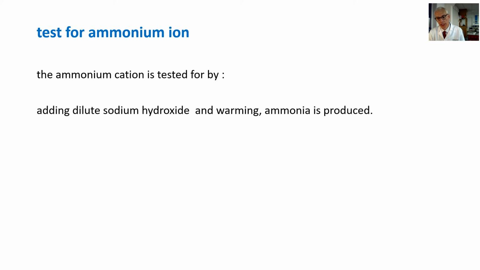Ammonia gas is produced. So you're adding sodium hydroxide to the ammonium ion. Can you write an equation, an ionic equation for that reaction? Pause the video, come back when you've done. Okay, so here is the equation.